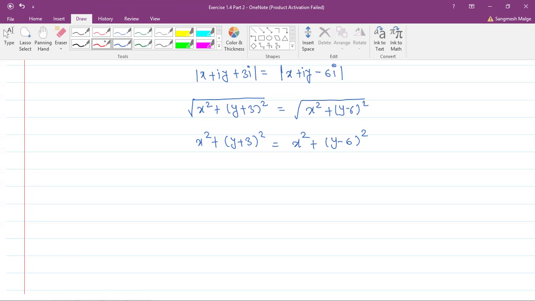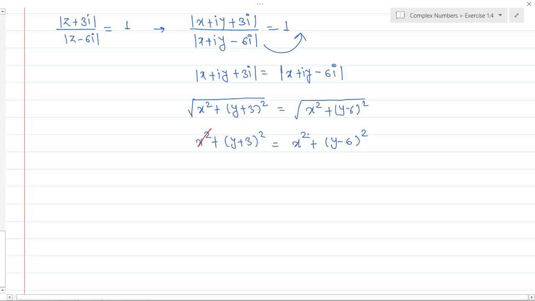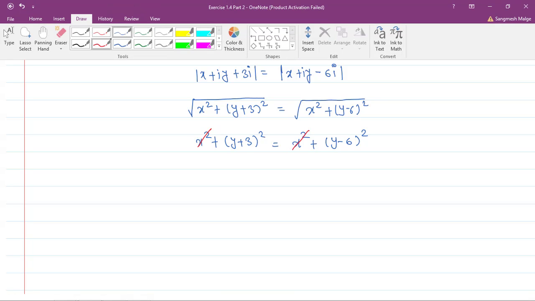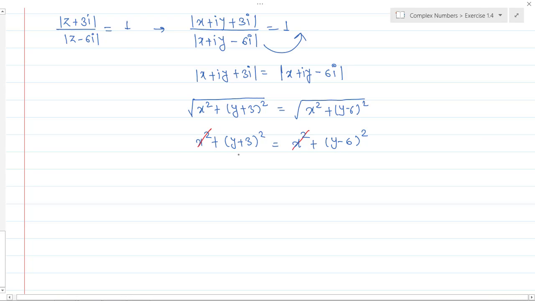x square I can delete because it is the same quantity on the left and right hand side. Now open this: (y plus 3) whole square becomes y square plus 6y plus 9, which equals y square minus 12y plus 36. Again, what can you delete? y square easily.